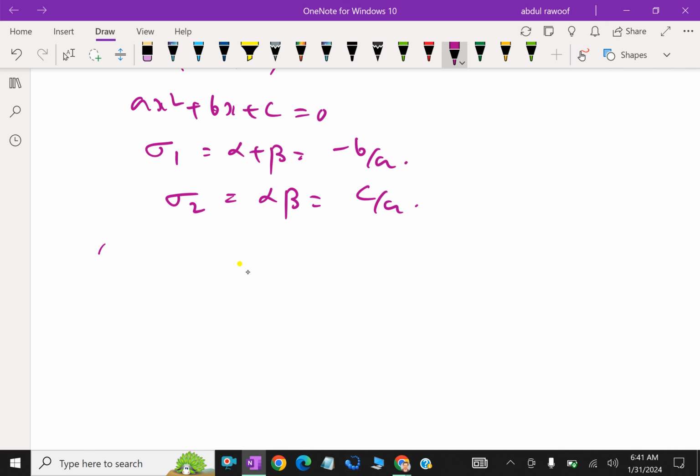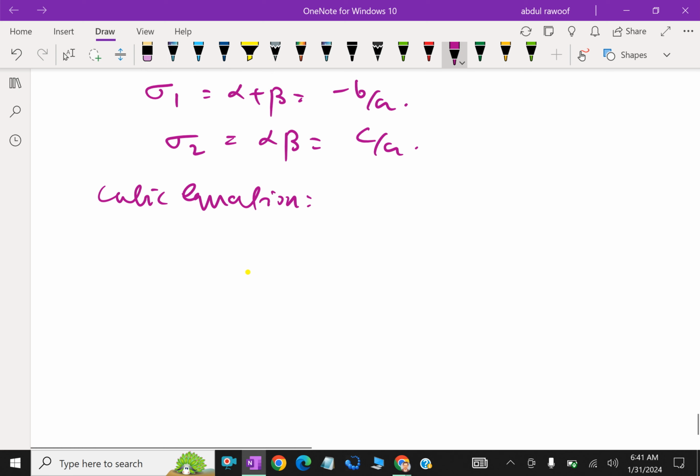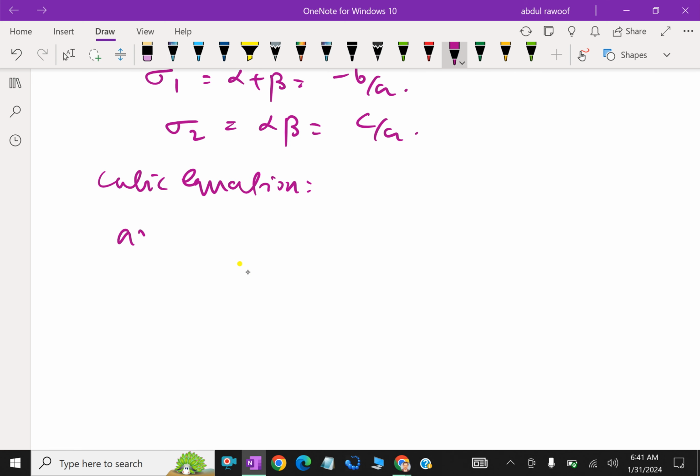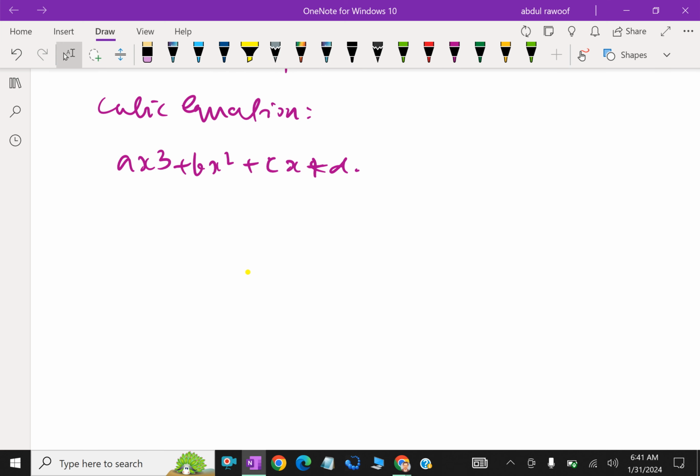For a cubic equation, for example, a x cube plus b x squared plus c x plus d, where alpha, beta, gamma are roots.